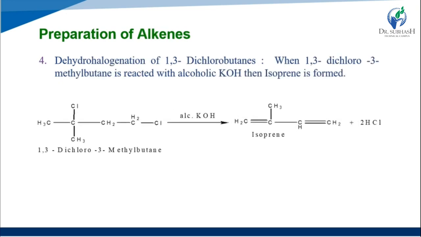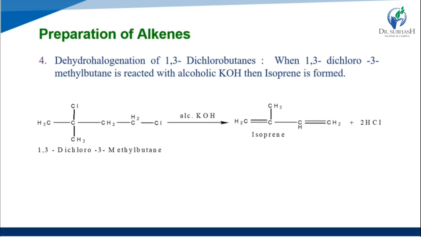Fourth, dehydrohalogenation of 1,3-dichlorobutane. When 1,3-dichloro-3-methylbutane is reacted with alcoholic KOH, isoprene is formed.